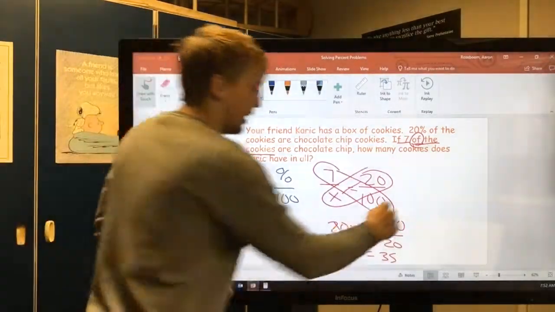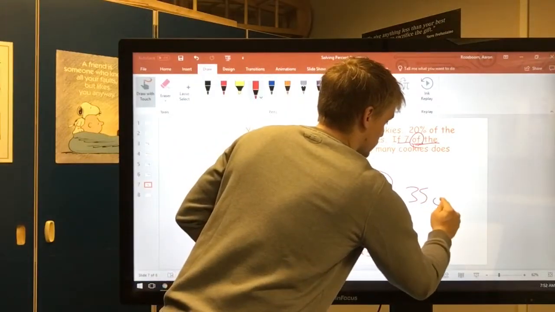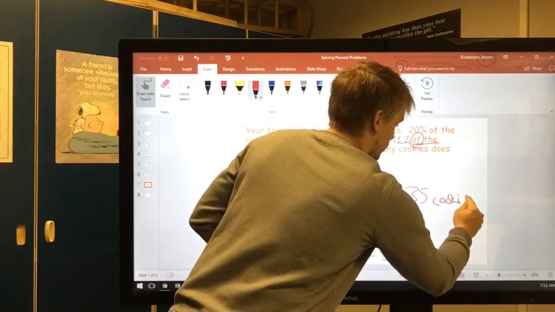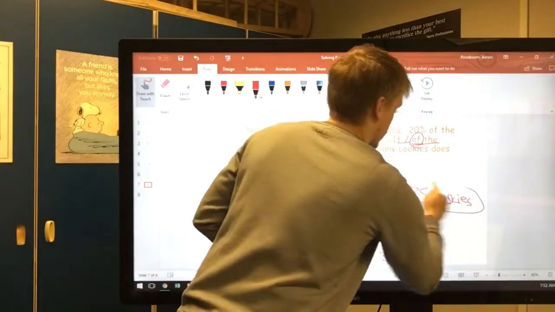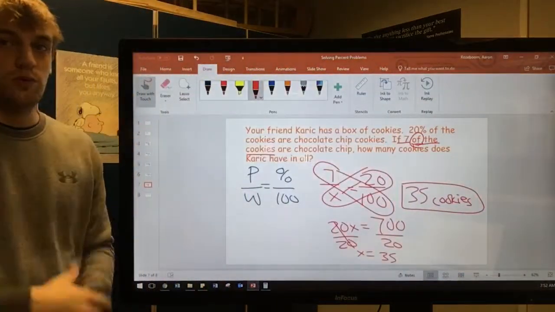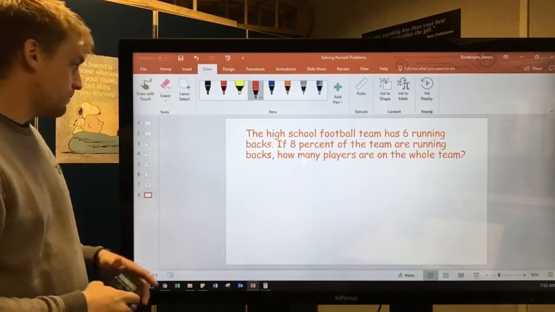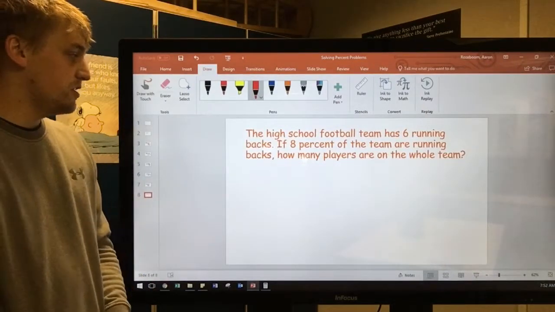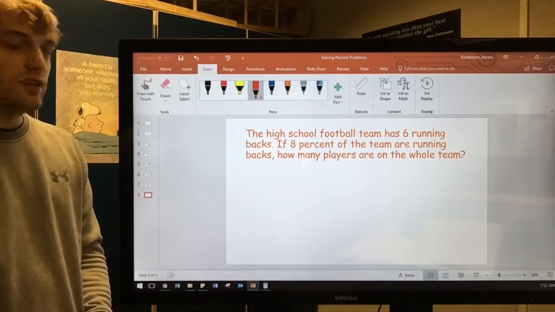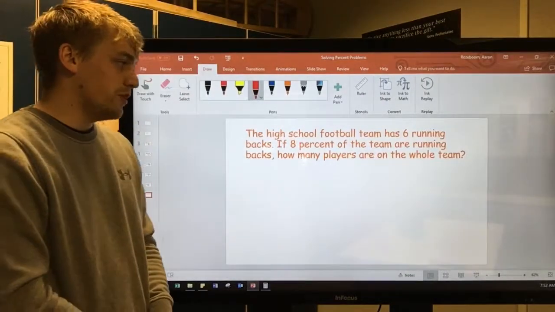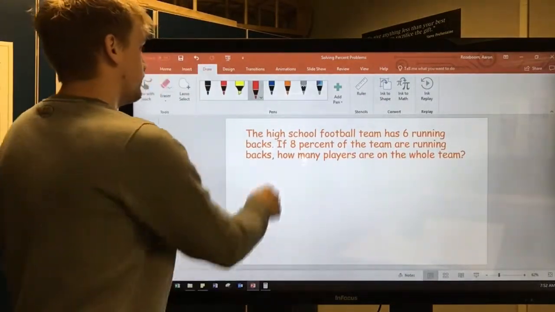He has 35 cookies. Okay, so we've solved for the whole that time. Let's try one more. The high school football team has 6 running backs. If 8% of the team are running backs, how many players are on the whole team?